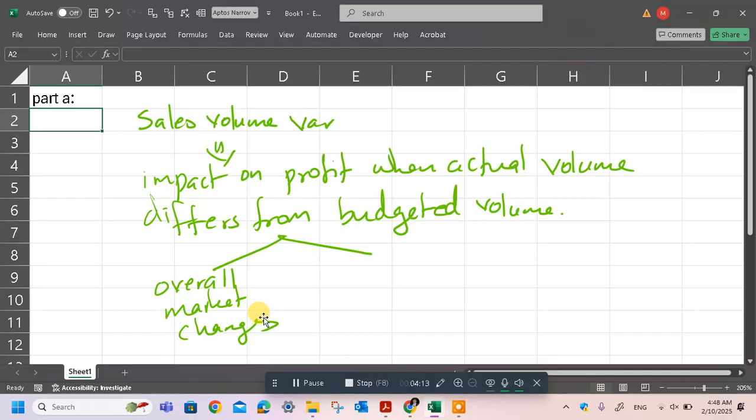The other one: market size did not change. 5,000 doctors is the expected market size, and you are also maintaining 5,000 doctors, but your share has changed. Maybe you performed better than the competitors. Earlier you expected 20% of 5,000, but what you achieved is 30% of 5,000. You became stronger than the competitors.